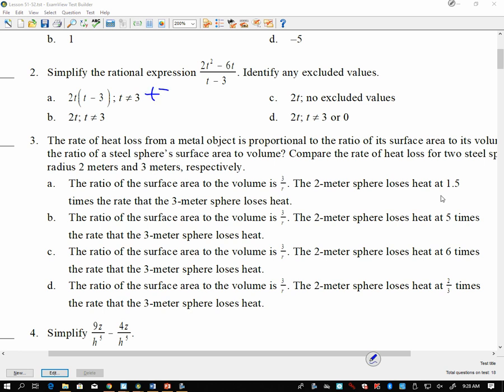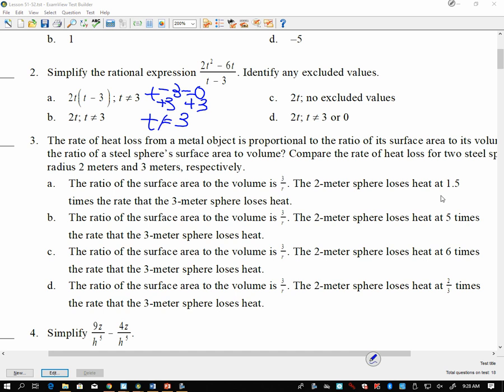T minus 3 equals 0. Okay. Now what? Add 3 to both sides. Okay, so t equals 3. So does t equal 3 or does t not equal 3?